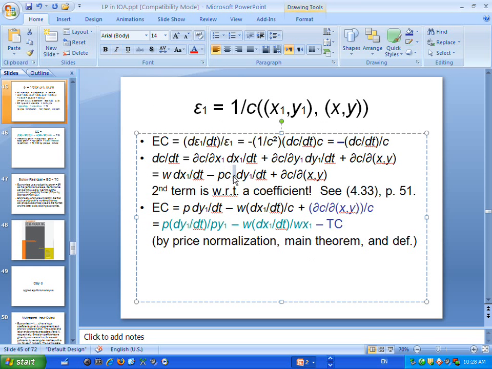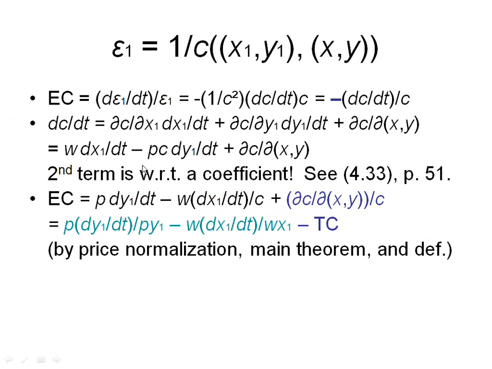I divide through by C. So dc dt dividing through by C, I get the efficiency change as a percentage. Here this C now drops out. And here I get W dx1 dt over C. And here I get the change in the expansion factor due to change in the environment.